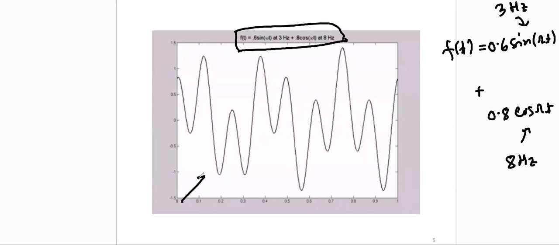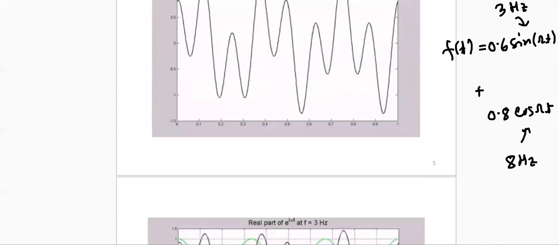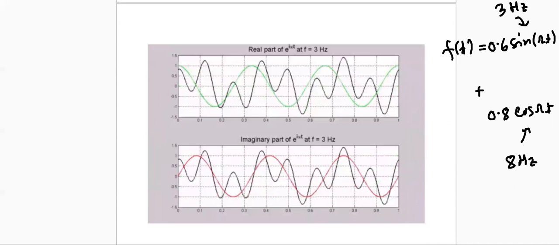So this is our x(t), the unknown signal. In some way we know that this is 3 Hz and this is 8 Hz, but eventually this is not known to us. Let's say we do not know those facts. Now we can go step by step with the process we have already mentioned.